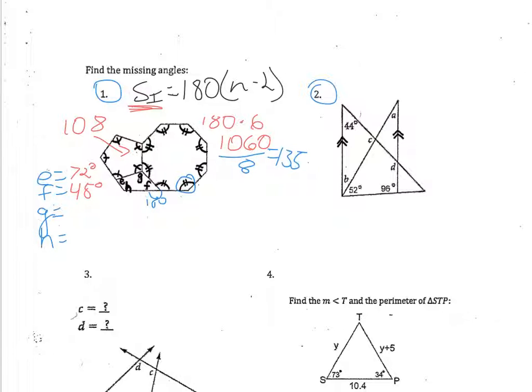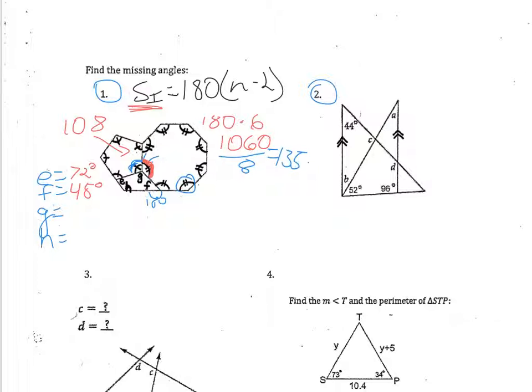Now we want to look at our centerpiece here, where we have an angle of 108 and an angle of 135, and we have G missing.